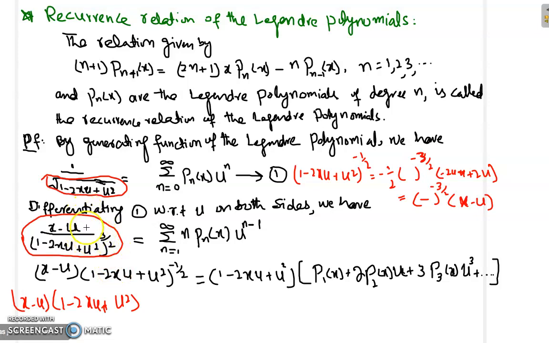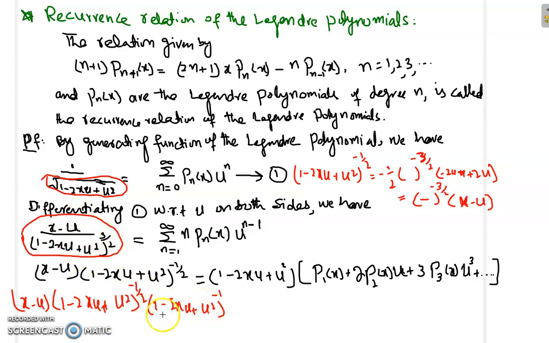When we take it to the numerator, it will be minus 3 by 2. So it can be written as minus 1 by 2 and (1 minus 2xu plus u squared) to the power minus 1. When we multiply these two, the powers can be added, and we get again minus 3 by 2, which is this one.